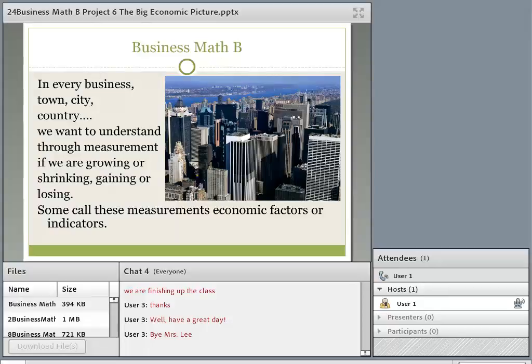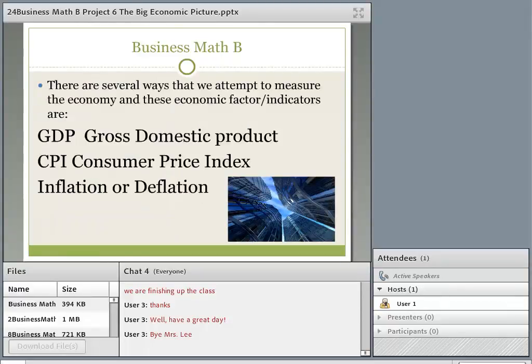As we know, in every business, town, city, country, we try to understand through measurement if we're growing or shrinking, if we're gaining or losing, if there's a profit or a loss. We call these measurements on a large scale economic factors or economic indicators.